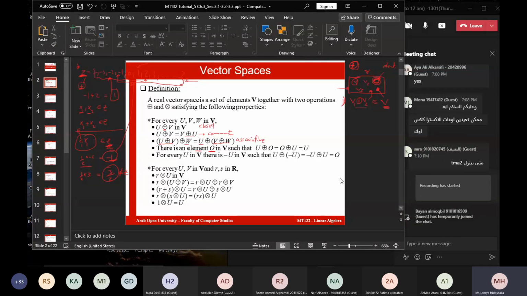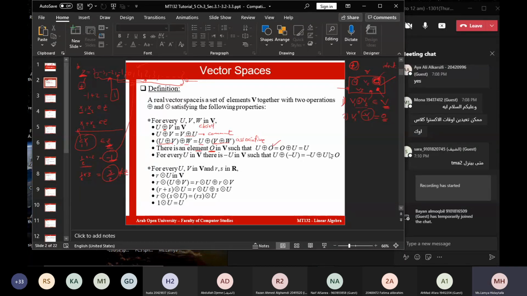We should get the 0 as one of these elements. Moreover, for every vector, you should get its inverse. If we have V1, I should get also minus V1, such that when you add them, you get the zero vector.